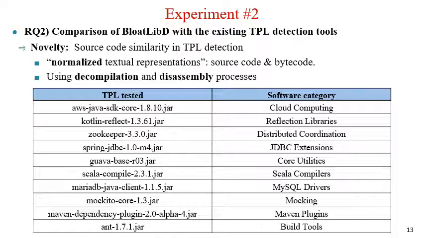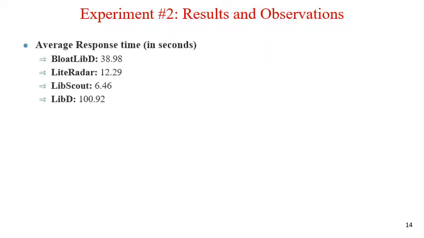So the novelty lies again in the use of different normalized textual representations, which are source code and bytecode, extracted using decompilation and disassembly operations, and these are the results of this experiment.